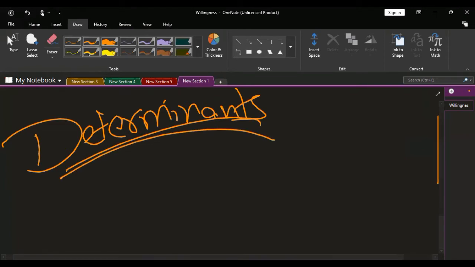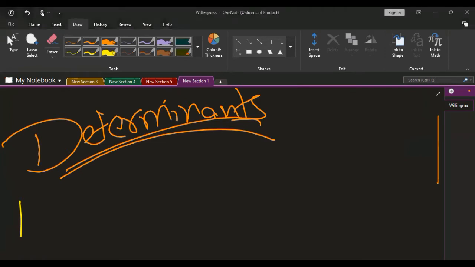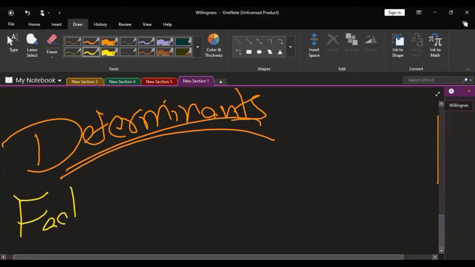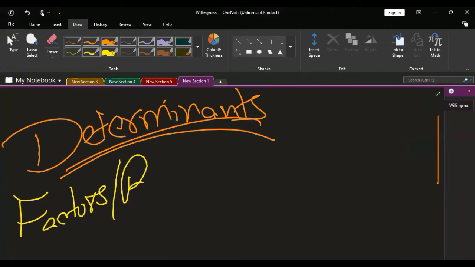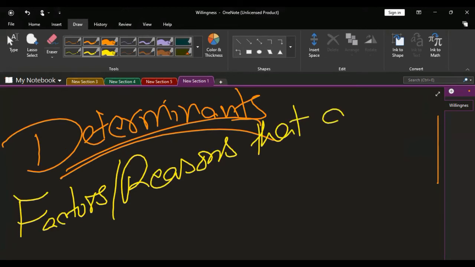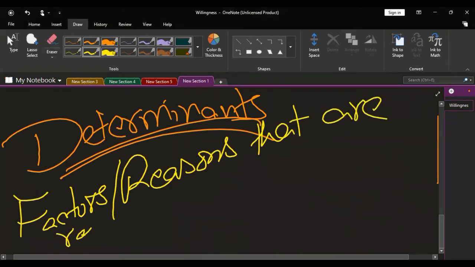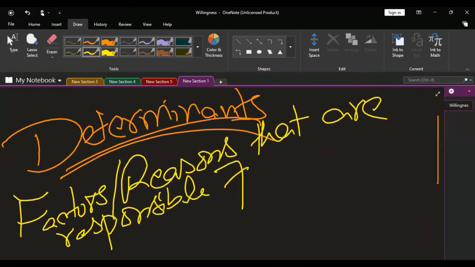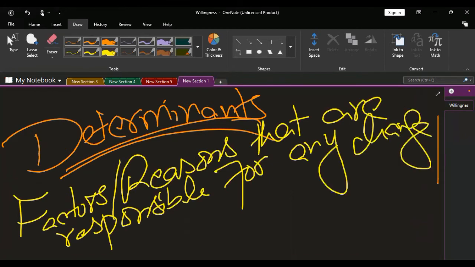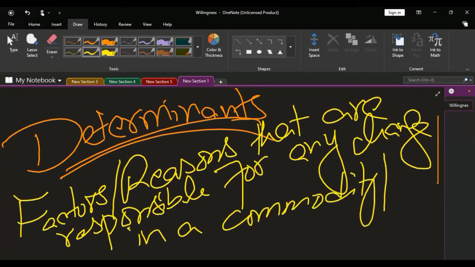Determinants are the factors or reasons that are responsible for any change in a commodity or a service.